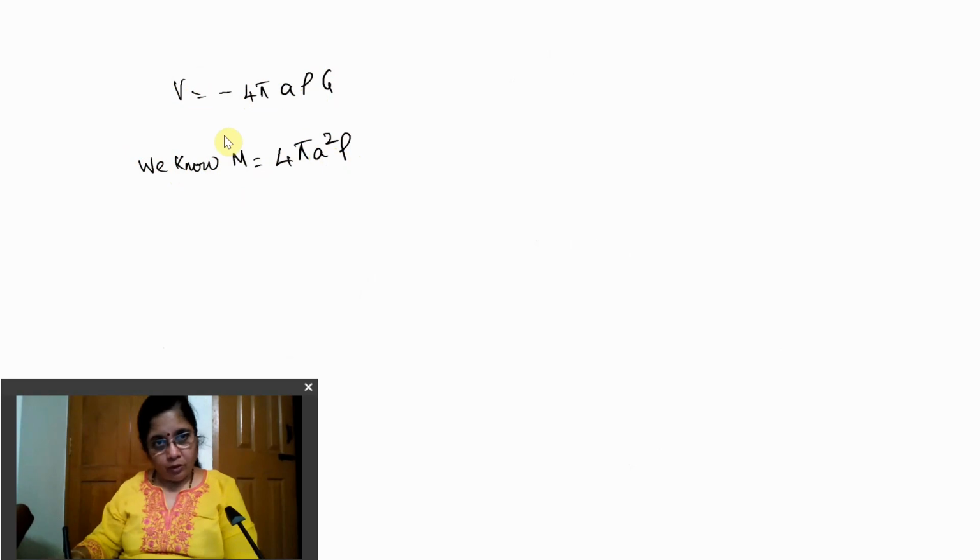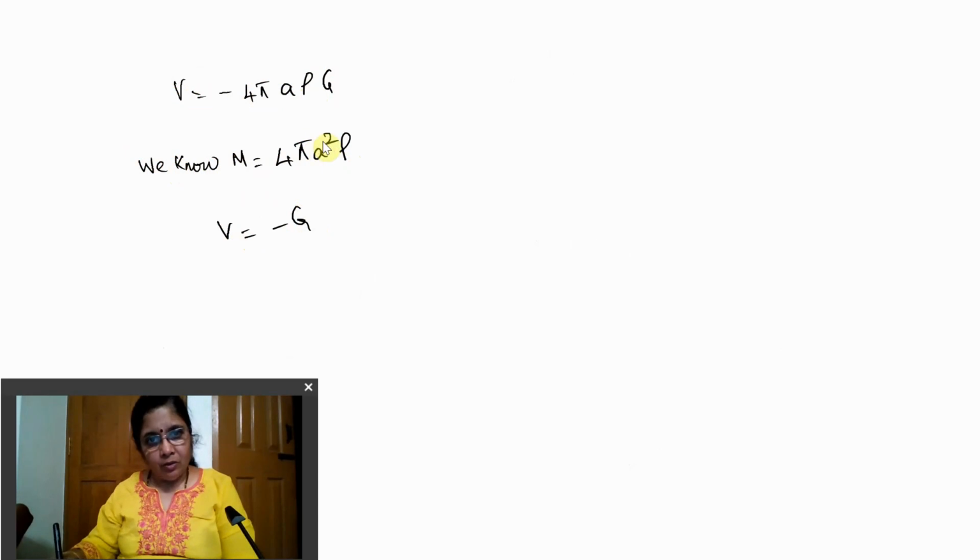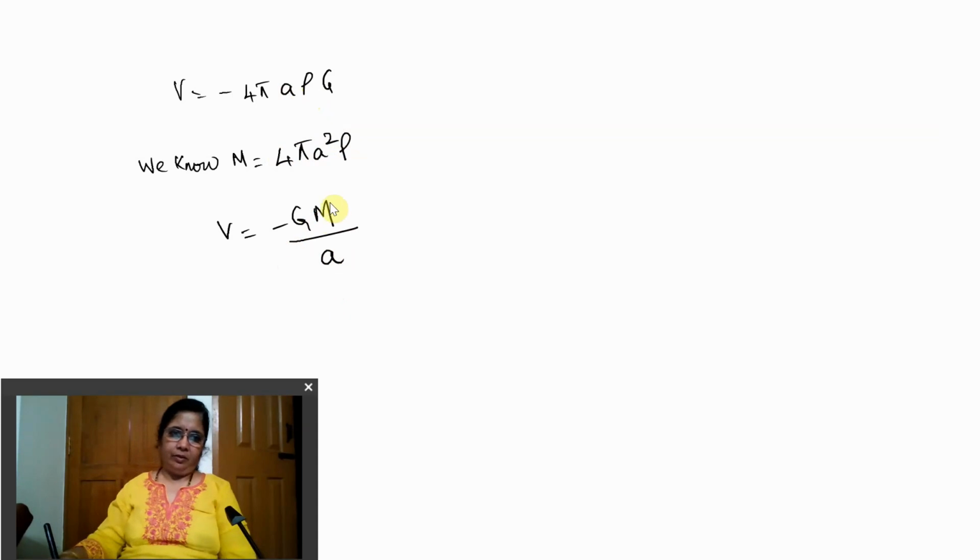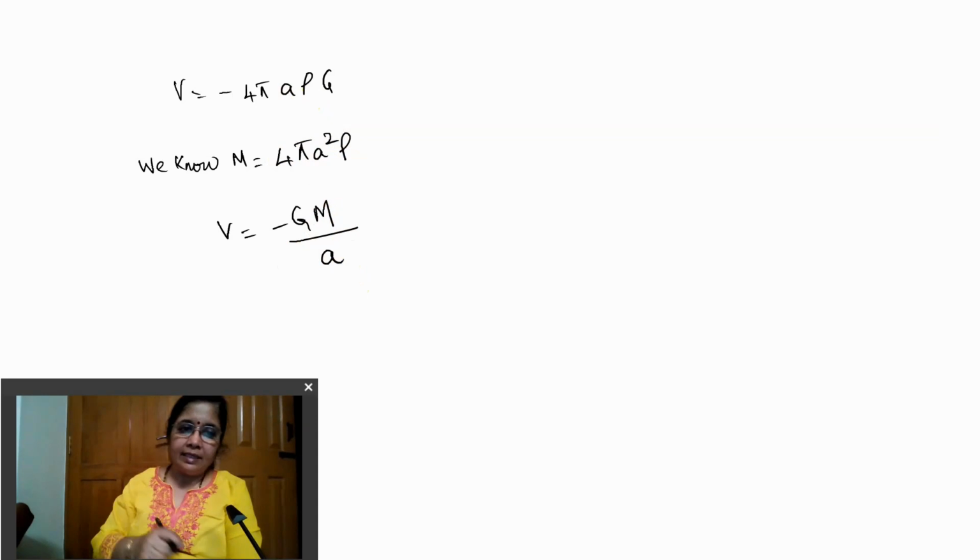Is it not? So here V is equal to minus G, and this is 4 pi a square into rho. Here one a is missing. So what will you write here? Mass: minus GM divided by a. So V is equal to minus GM divided by a will be your potential due to a point inside the shell.